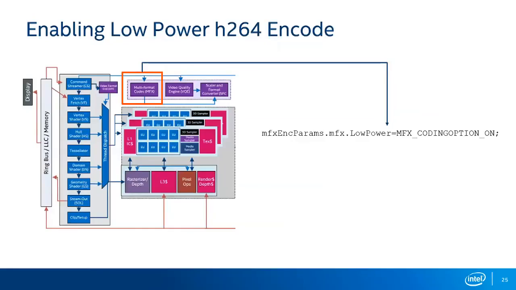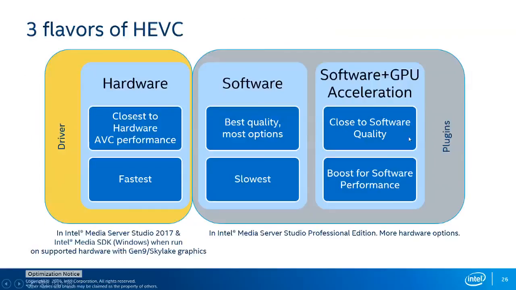Just wanted to point out again that setting those parameters is often quite trivial. For example, to enable this new low power, fully fixed function H.264 encode, all you have to do is set this low power mode to on. So that's it.